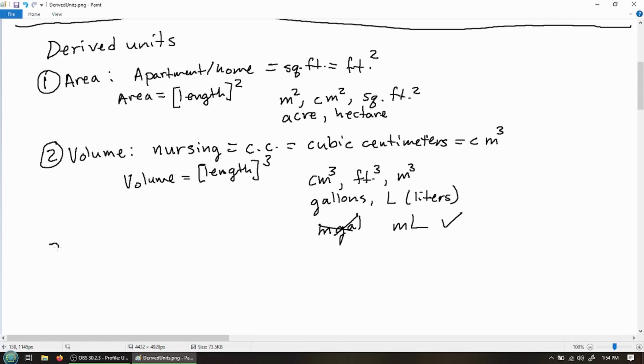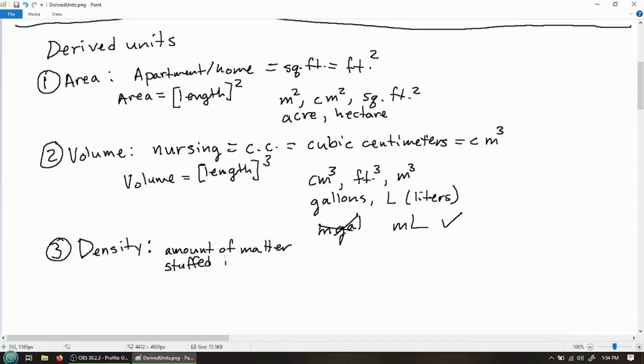So next, let's build on this idea of volume, right? Let's talk about density. Density, as we know intuitively, right, is how much stuff is just packed into a space, right? So we can think of that as amount of matter. We're just going to say amount of matter stuffed in a space.